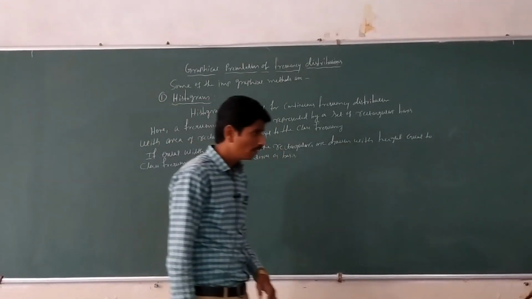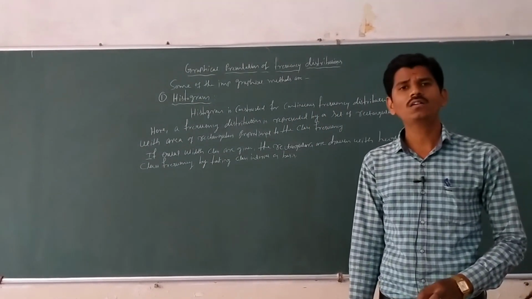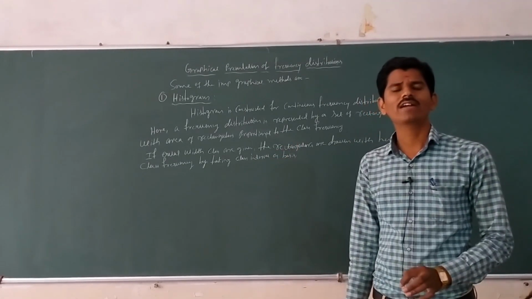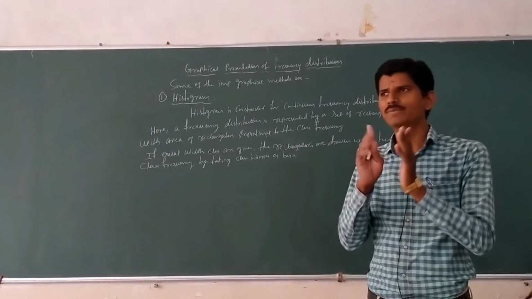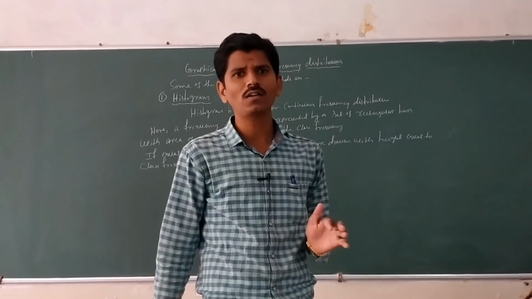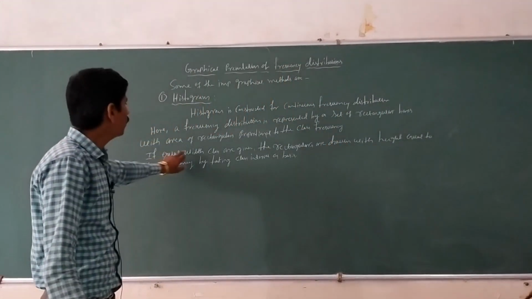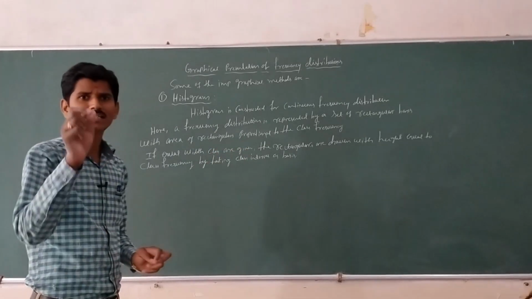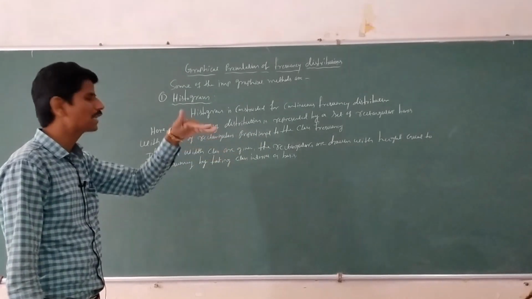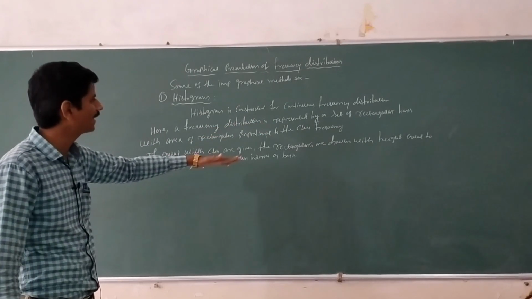Okay, here the class limits are taken along the x-axis and the frequencies are taken along the y-axis. Class limits here, 0 to 10, 10 to 20, these are class limits. If equal width class intervals are given, then the rectangles are drawn with height equal to class frequency by taking class interval as a basis.